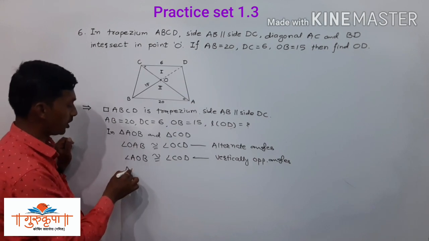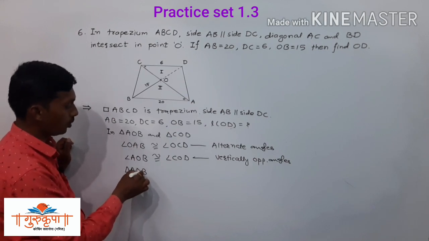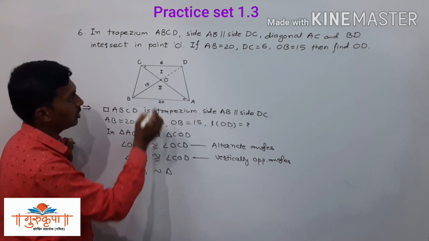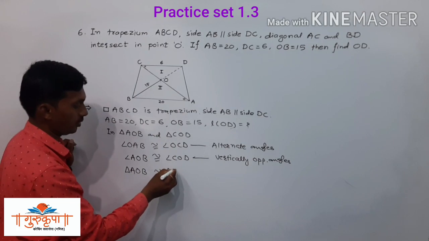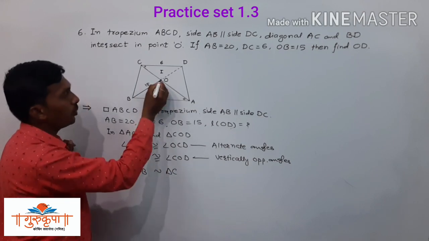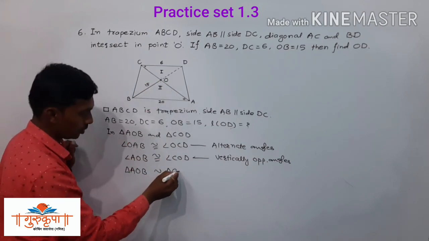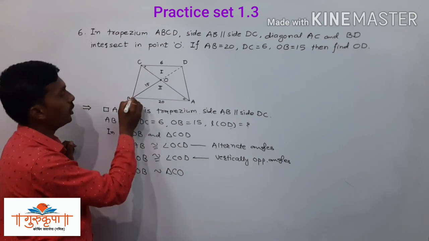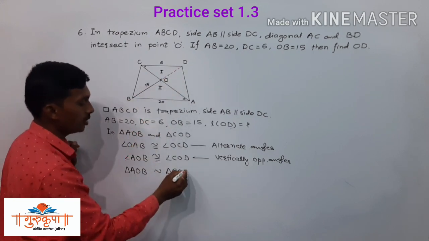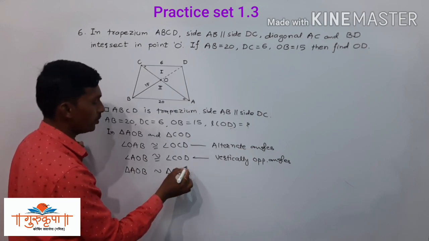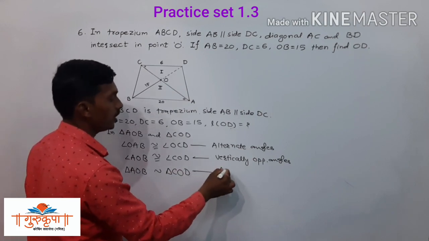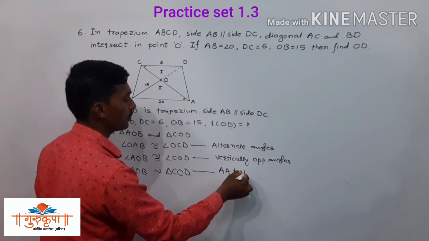So here we can write triangle AOB is similar to triangle COD, the corresponding point of A is C, the corresponding point of O is O, and the corresponding point of B is D. So triangle AOB is similar to triangle COD, reason is AA test of similarity.